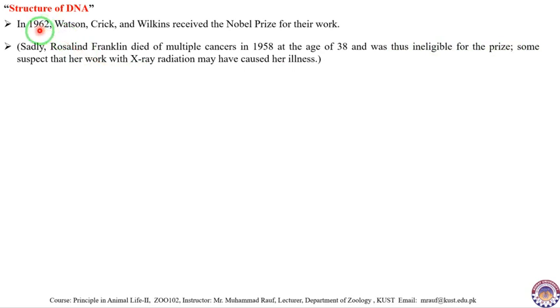The prize was given in 1962, 4 years after Rosalind Franklin died because of ovarian cancer, and the Nobel Prize is not given posthumously, means it cannot be given to a person after his death. So therefore, she didn't receive it. If she was alive at that time, then she could have been the fourth person.